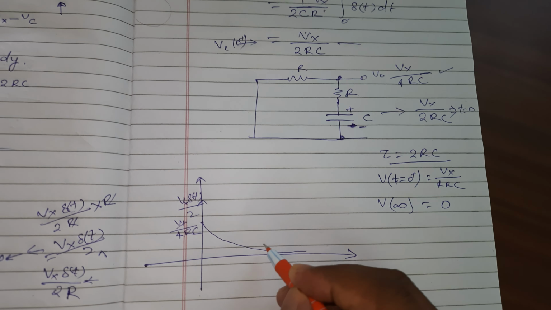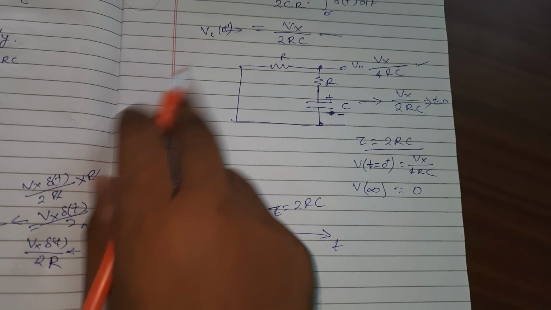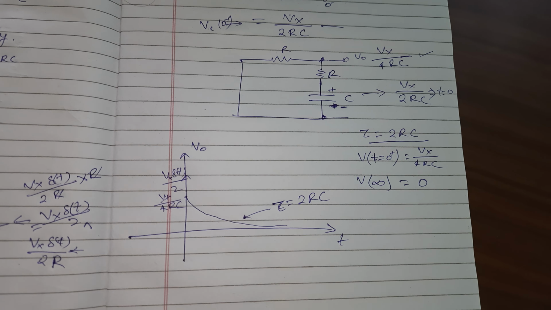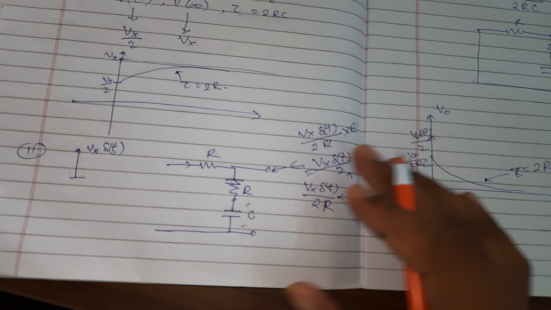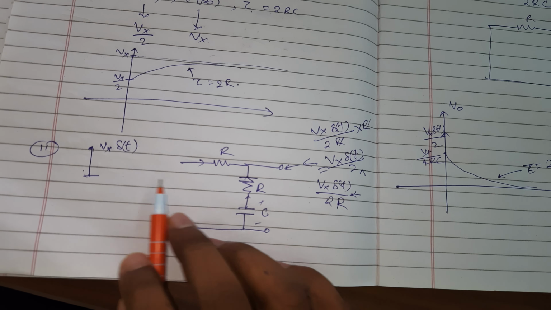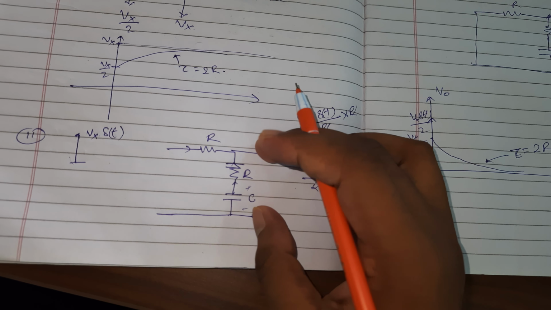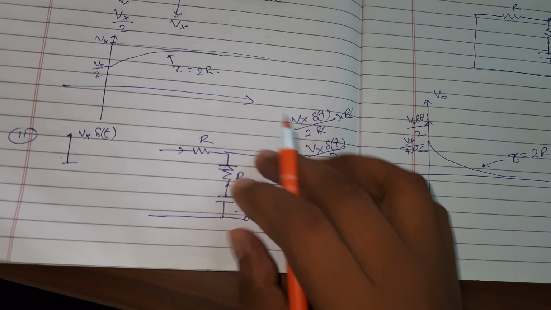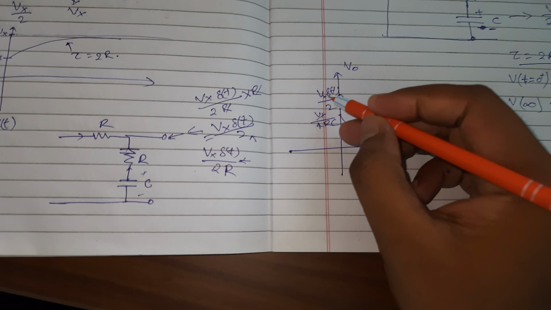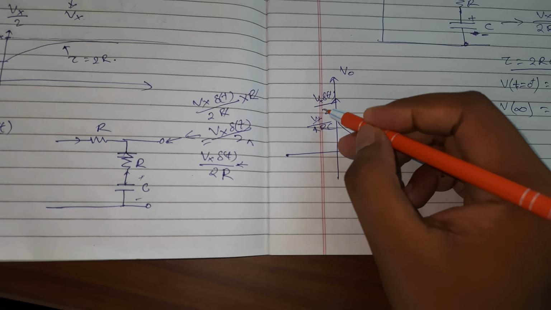We can see that there is a spike of impulse at the voltage output because of the input voltage impulse. So we can summarize this: when an input impulse is given, the capacitor is short circuited and half of the voltage will be across this resistor, so there is a voltage of Vx delta t by 2. There will be an impulse current going through the resistor and capacitor, and the capacitor will deposit some positive charge.